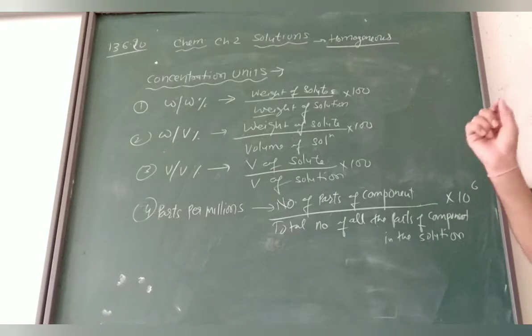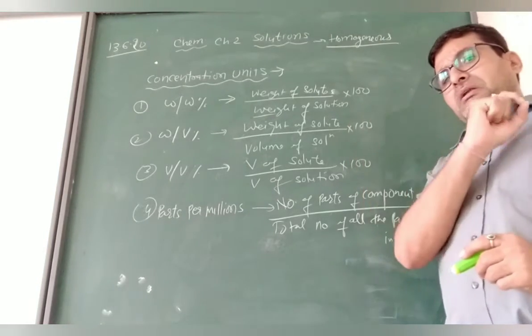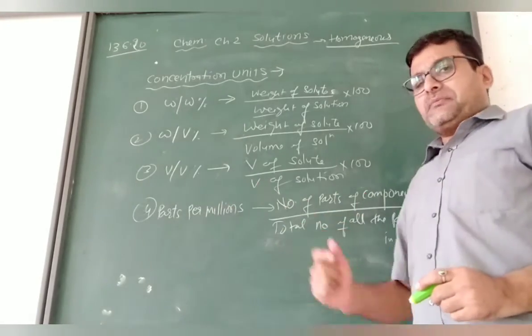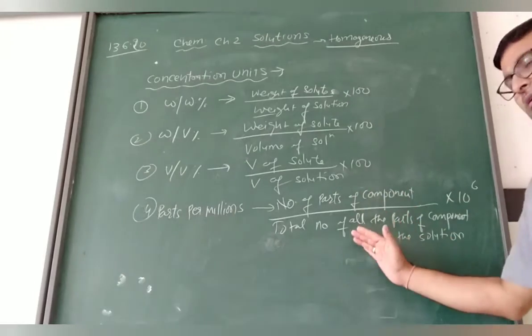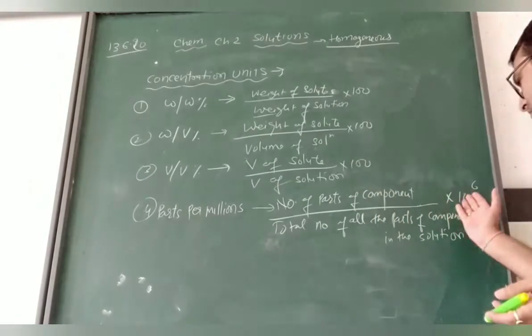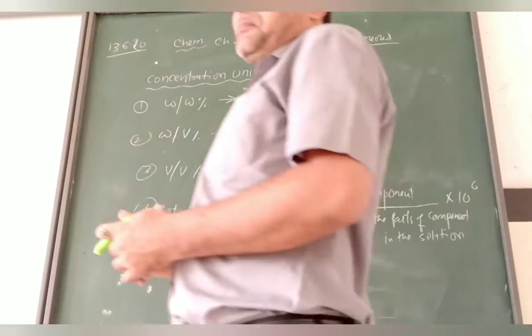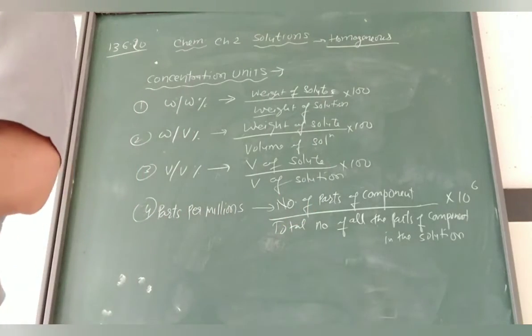Remember, it is 1 part in 1 million, that is called 1 ppm. So number of parts of that component upon total number of all the components in the solution into 10 to the power 6 becomes ppm, right?